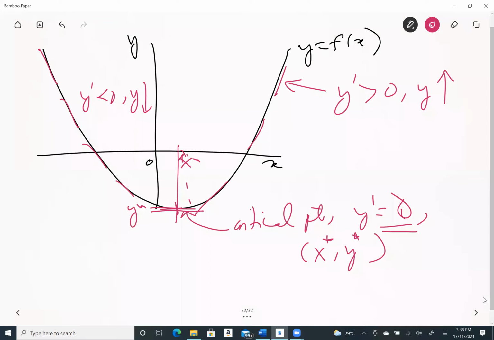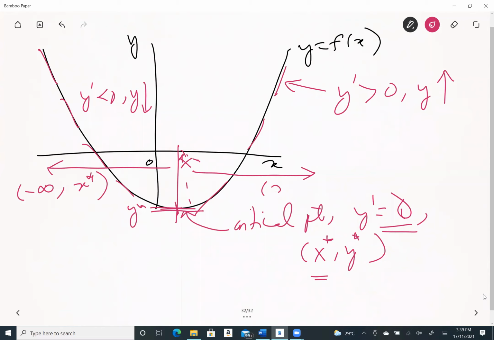Based on the critical point, we can see there are two separate intervals, based on where the y prime is negative or the y prime is positive. So here I got one interval, negative infinity to x star.